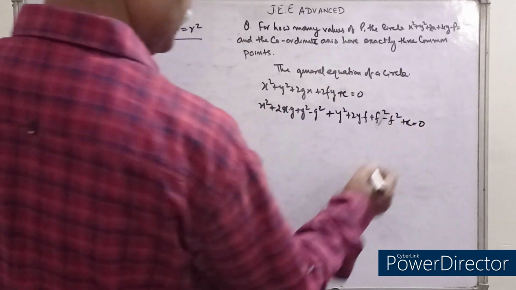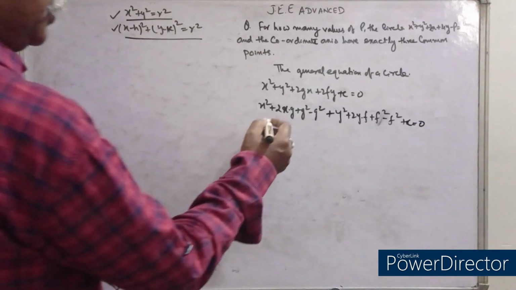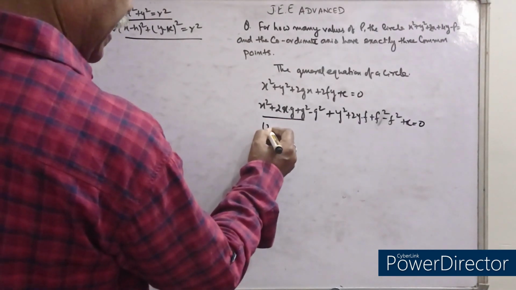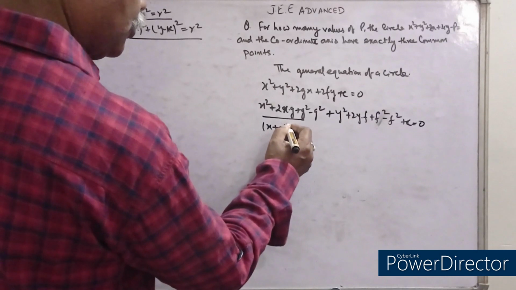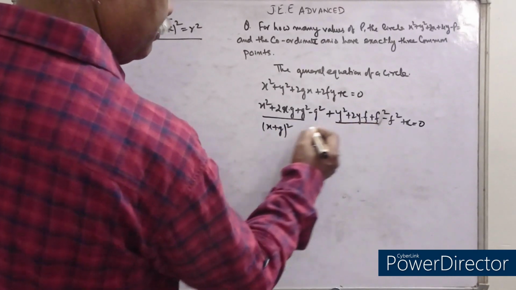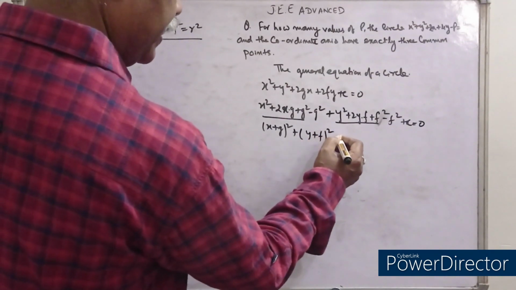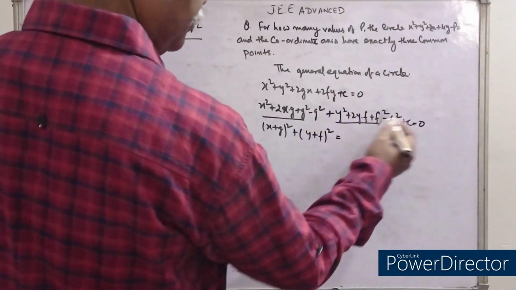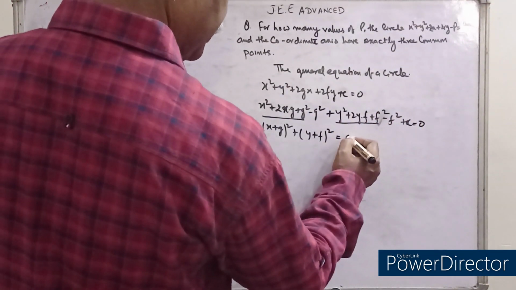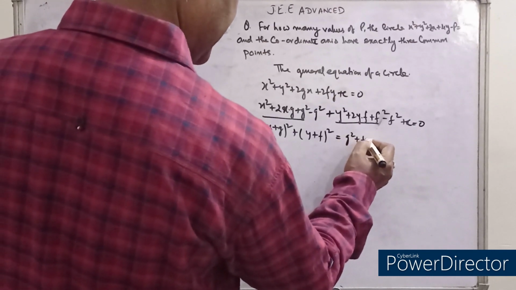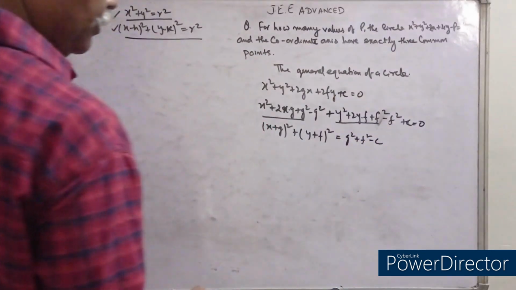So this becomes x plus g the whole square plus y plus f the whole square, and the rest I shift to the other side, so it will be g square plus f square minus c.